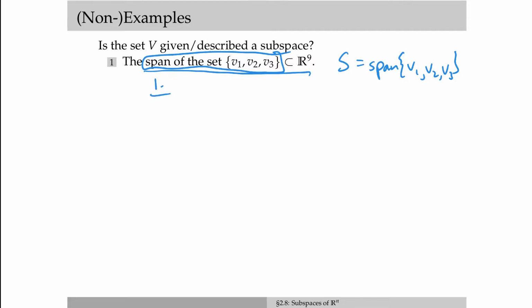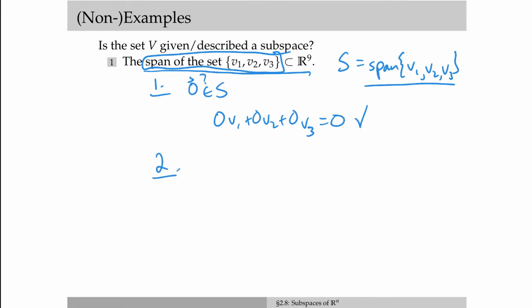So the first question is, is 0 an element of S? Well, yeah, it is, because the definition of span is all possible linear combinations of those vectors, and 0v1 plus 0v2 plus 0v3 indeed equals 0. And so therefore, we're good.